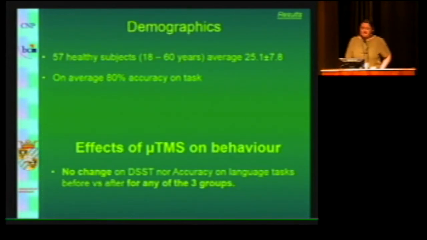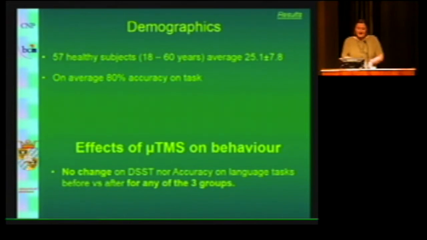So far, we scanned 57 healthy subjects, and we have not analyzed everybody yet. For DCM, we analyzed approximately 50 subjects, and we are still collecting the data. And the accuracy on the task was 80% for the phonological task, which we were specifically interested in.